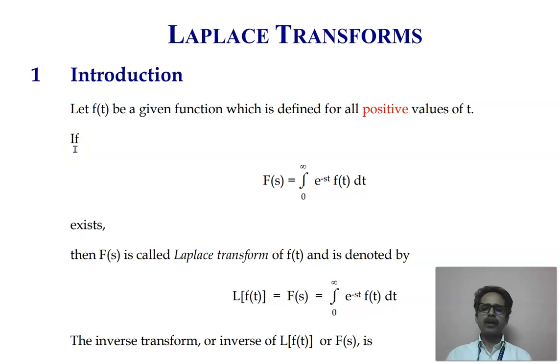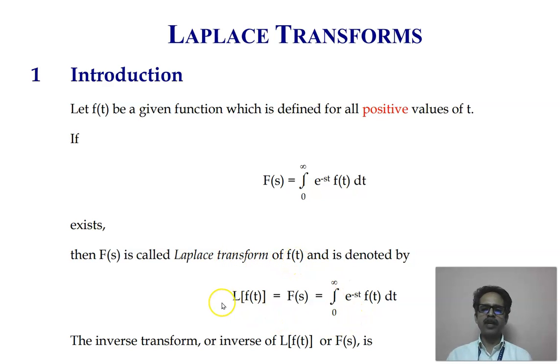If the integral from 0 to infinity of e raised to minus st times f of t dt exists, then you can call this integral capital F of s, and capital F of s is called the Laplace transform of the function small f of t.